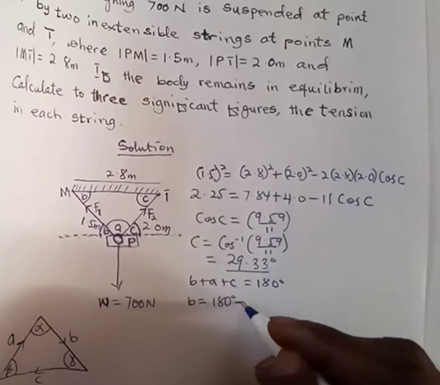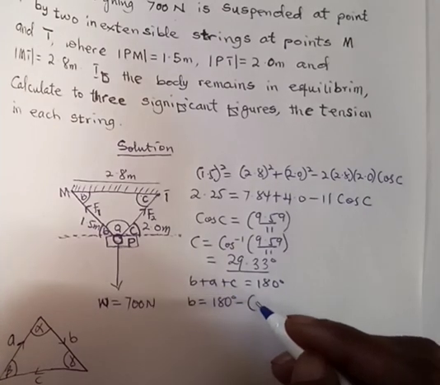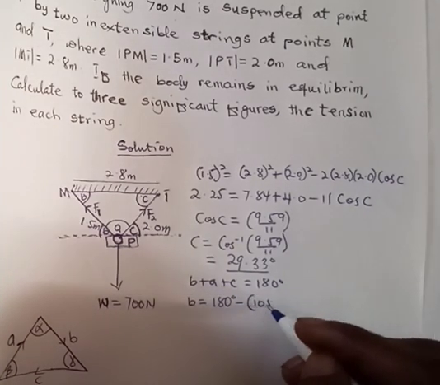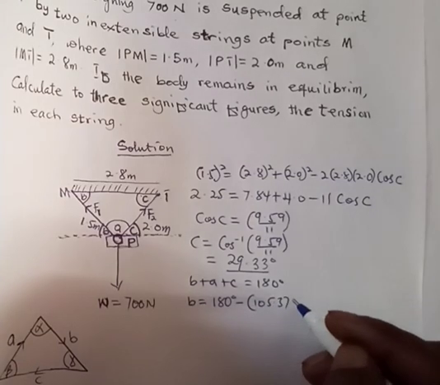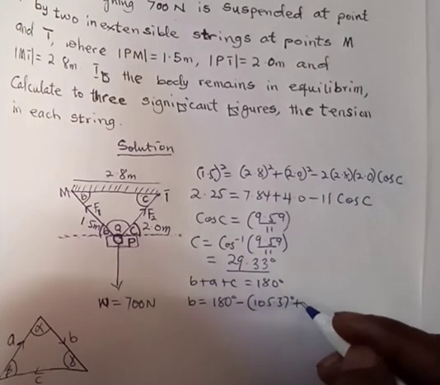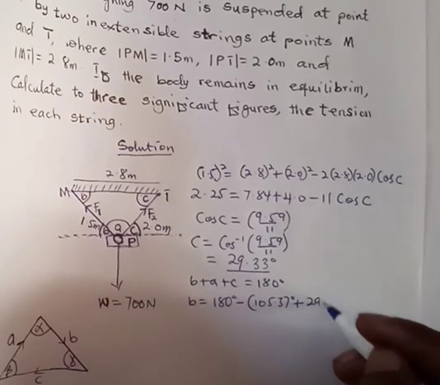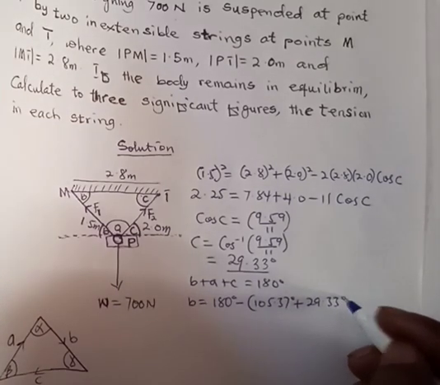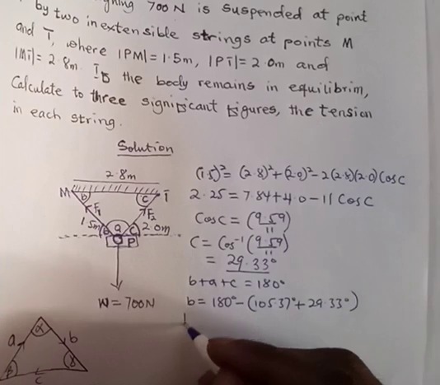180 degrees minus A, we got 105.37 degrees plus C, which is also what? 29.33 degrees. Therefore, B gives us what?